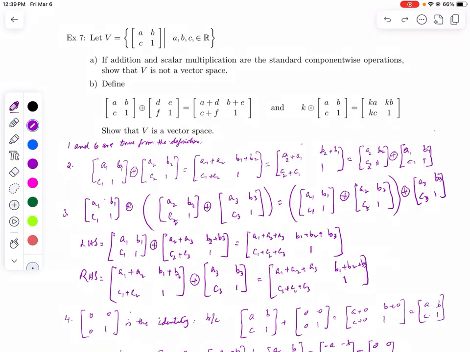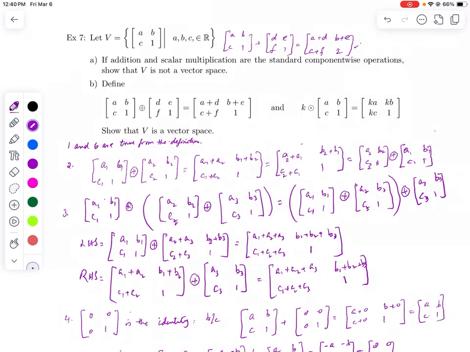So if you notice, with our standard addition, I will have a, b, c, 1 plus d, e, f, 1, which will give us a plus d, b plus e, c plus f, and here I will get 1 plus 1, 2.